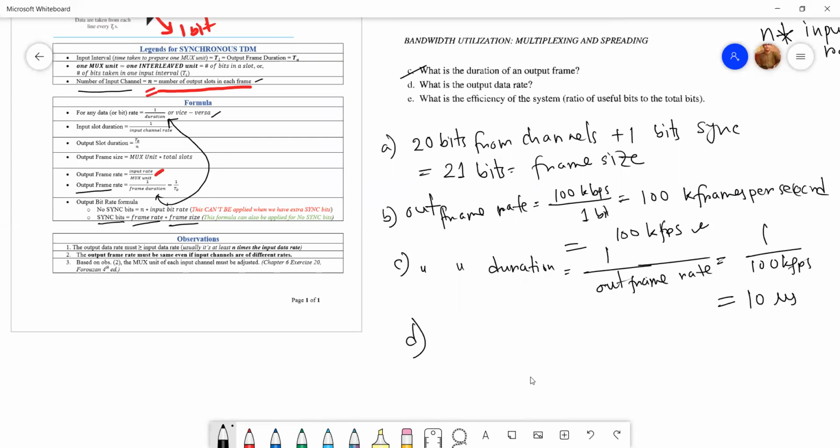Basically, we are asking for the data rate of the output: how many frames are sent. The data rate will be how many frames we are sending, and the number of bits carried in each frame. What is my output frame rate of a production channel? The production channel is how many packets or packages it can wrap around within a particular unit of time, and how many small compartments, how many packets there will be.